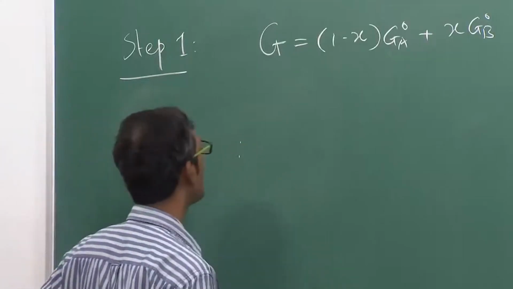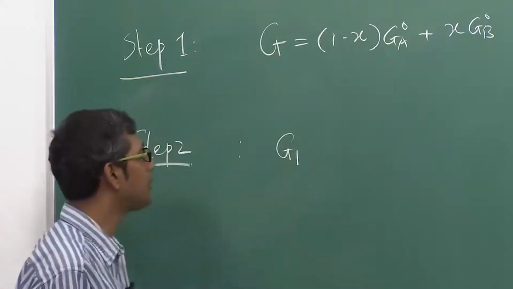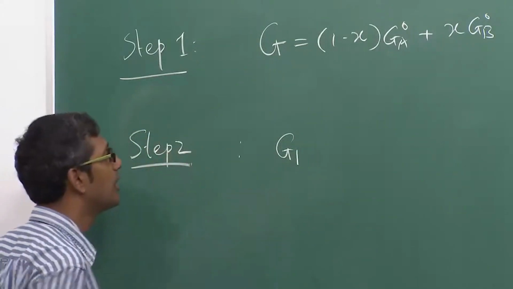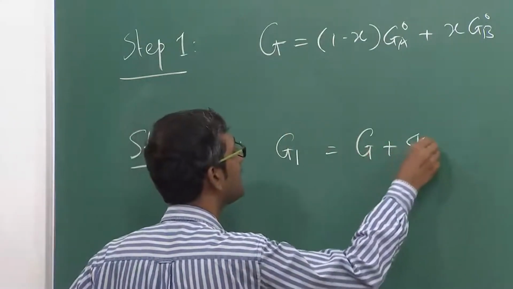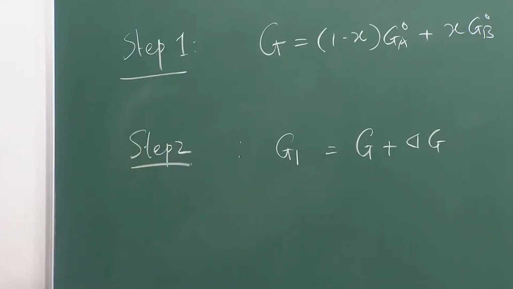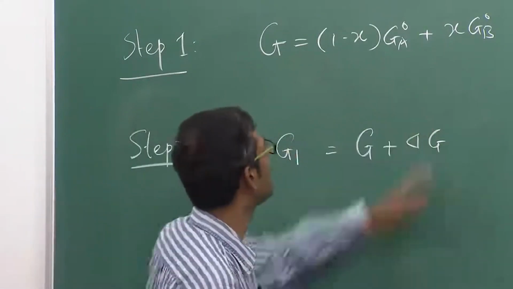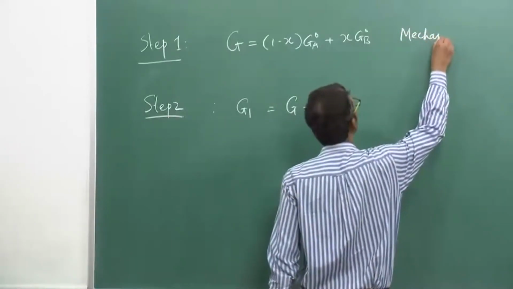To calculate that, let us assume that G1 is the free energy after step 2. Obviously, G1 will be G plus some additional term, which is delta G. Delta G is because of the atomic mixing of these two pieces. This G is just the mechanical mixture.